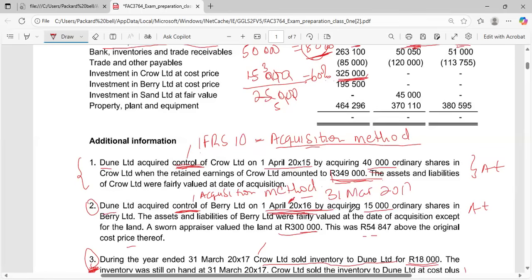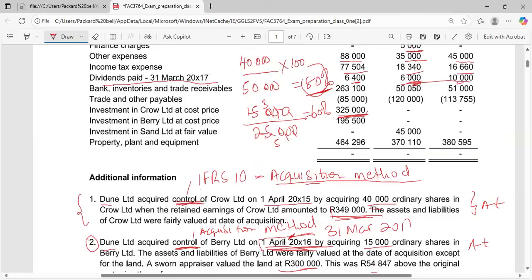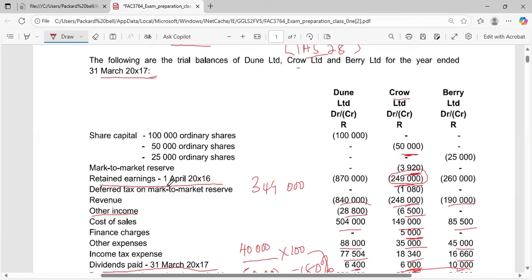Then let's look at the share capital at acquisition. You see here there is no retained earning at acquisition, but the trick is on this date here. So if you check that date now, let's go to here, retained earning on 1 April. Which means the retained earning of Bear Limited at acquisition is going to form the equity of Bear Limited at acquisition.